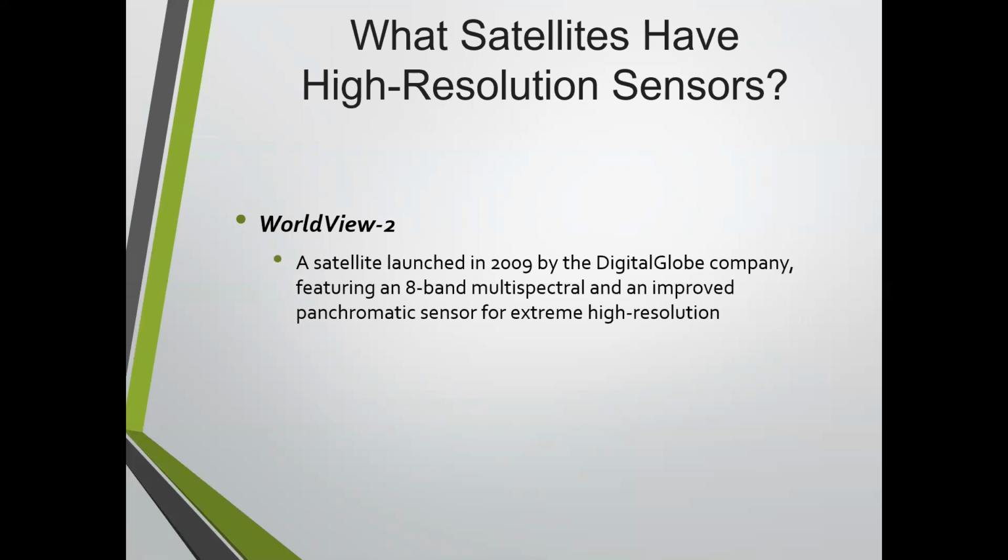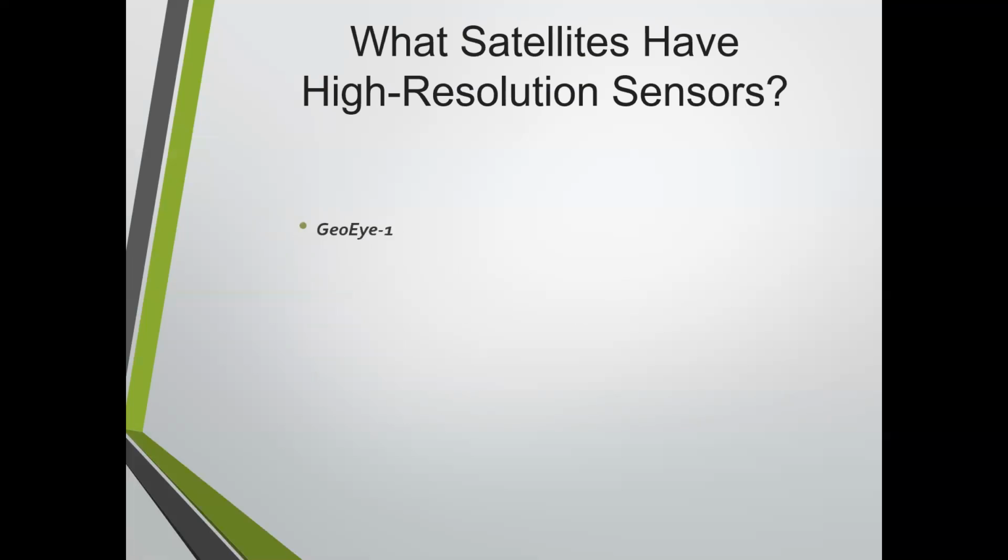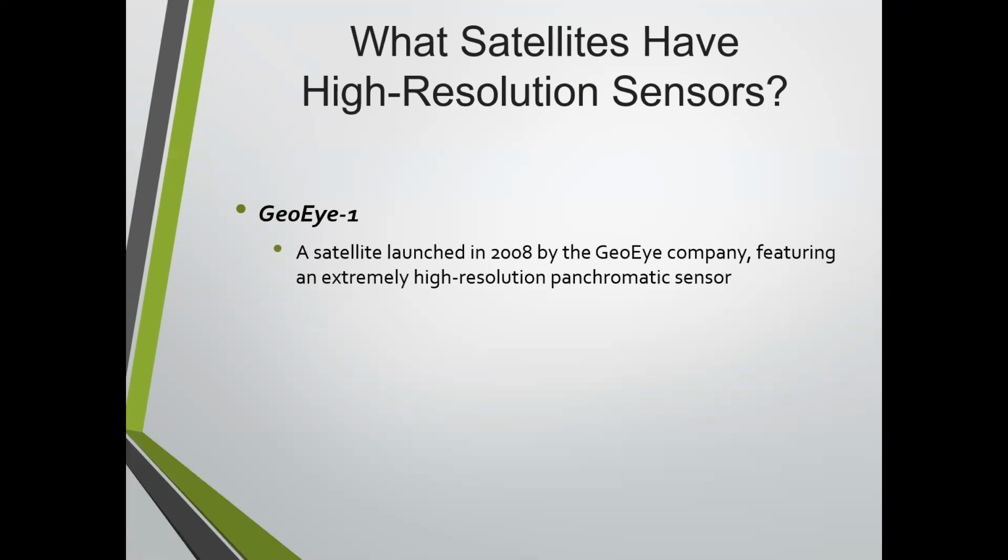Worldview 2, that was released in 2009. It had an 8-band multispectral with improved sensor resolution, extremely high. So that's 0.46 meter resolution. So these are probably state of the art. Now again, this is a little bit dated, so there's probably some that are even better. The multispectral was 8-band, and that was 1.84 meter resolution. Okay, so GeoEye, and again, that's that GeoEye company.